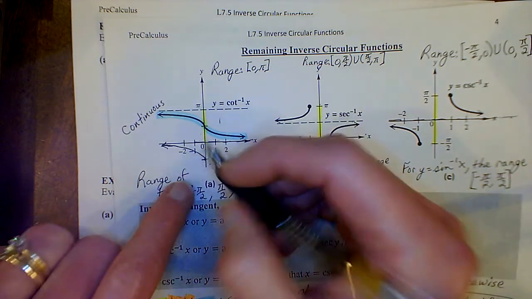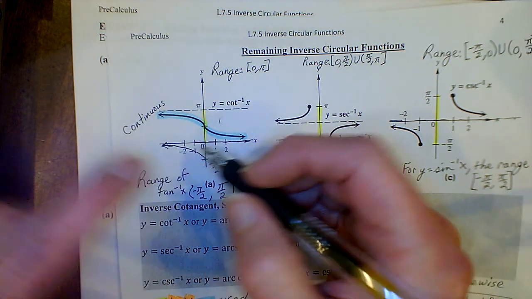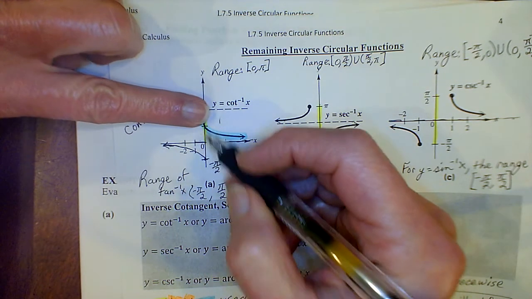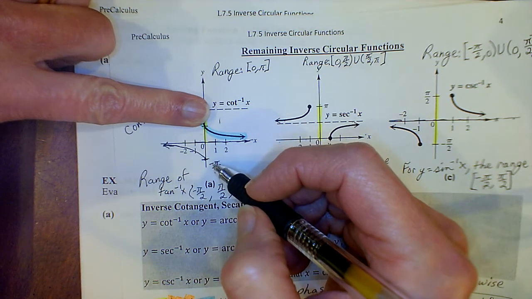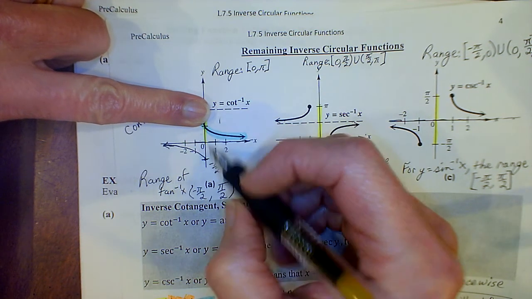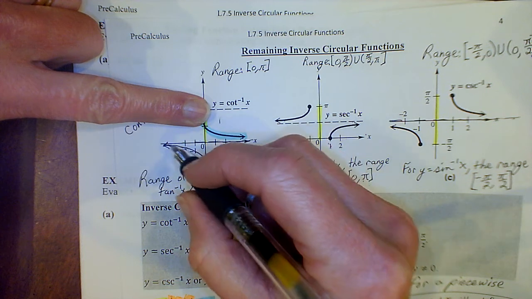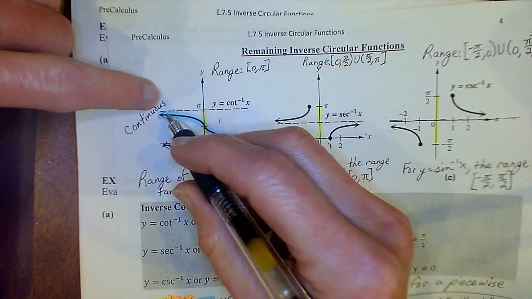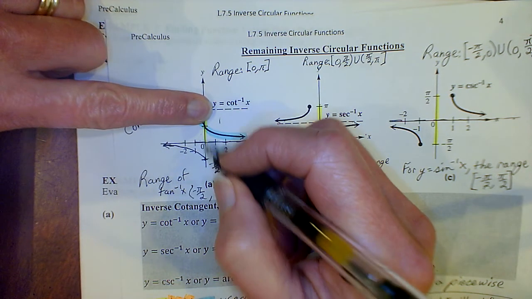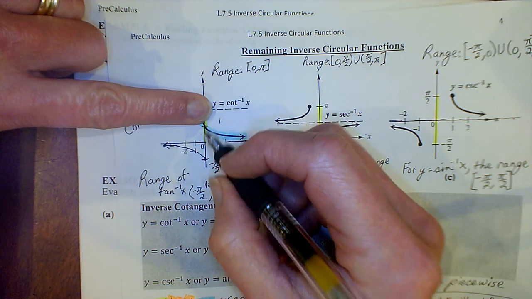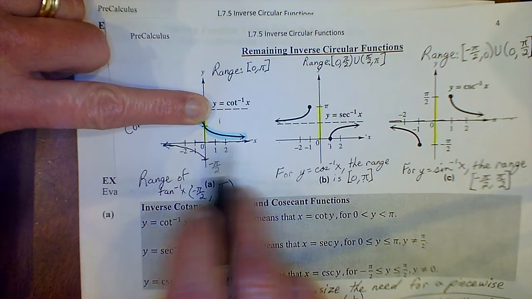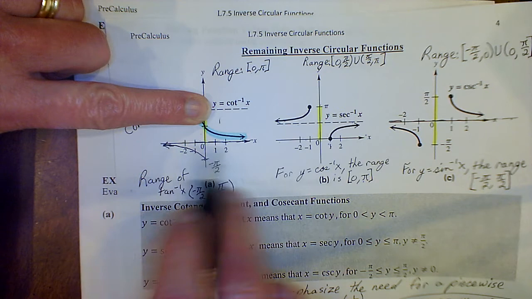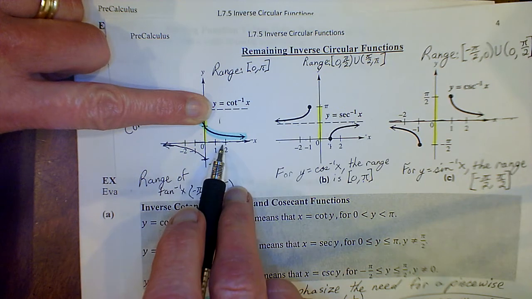And so that is what is causing us to have to change. Here is where we would see our graph if we chose to keep the two graphs the same. To go from negative pi over 2 to pi over 2, we would have this piece instead of that piece if we chose to keep our range the same. But if we keep our range the same, now we have to break up the range because of the asymptote that would exist inside there.